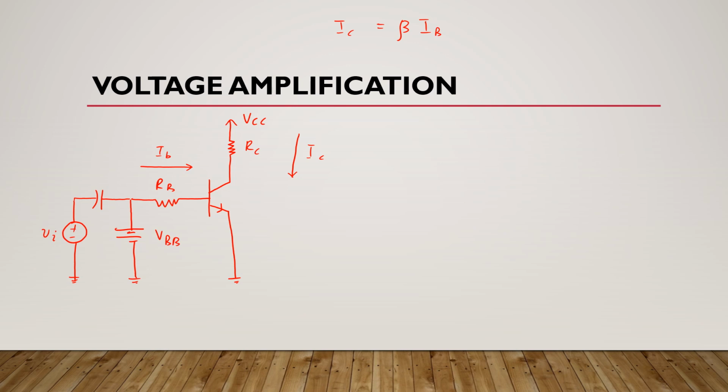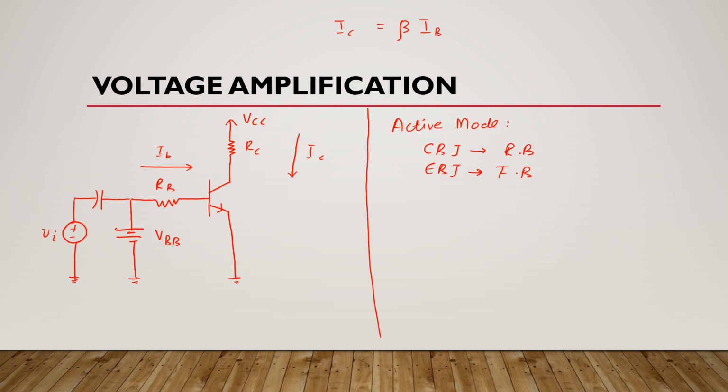When a transistor is acting as an amplifier, then it is in active mode, and we know that in active mode, the collector base junction is reverse biased and the emitter base junction is forward biased.